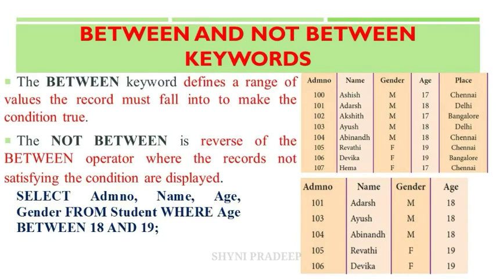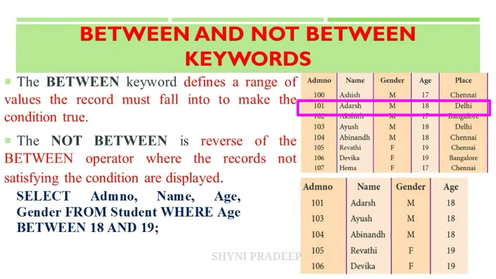Okay. See here, the student table is given. Here, if you want to display admission number, name, age, gender from student where age between 18 and 19. See here, age between 18 and 19. Here the student data will be displayed based on this condition, which means age between 18 and 19.